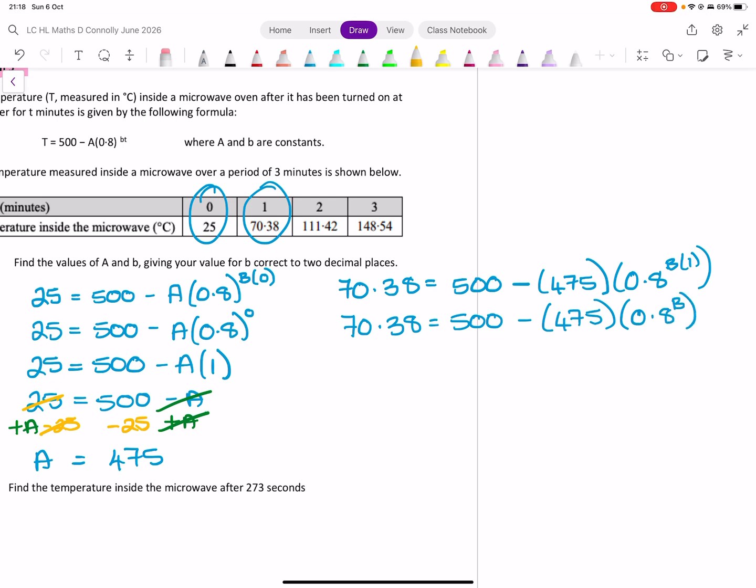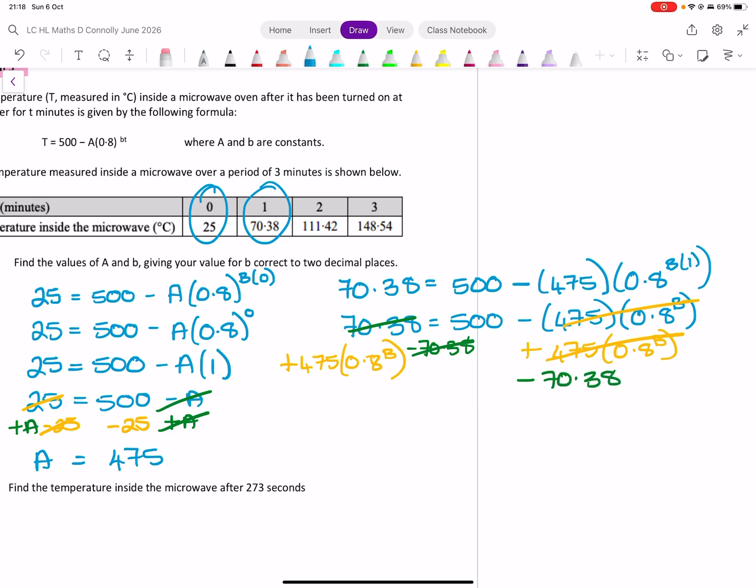I'm going to plus all this to get it to cancel, and plus it over here. And then I'll minus the 70.38 to get rid of it here and put it over here.